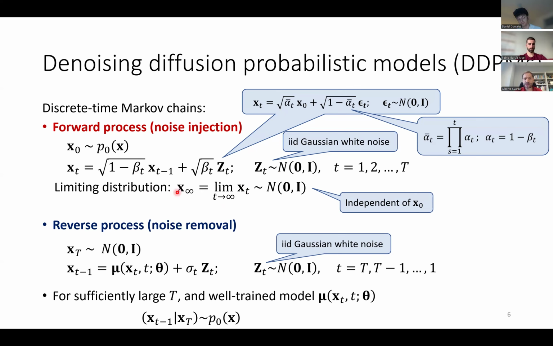And asymptotically, it will just blur the initial cat into some realization of this Gaussian white noise, okay? And this limiting distribution is independent of X0. Of course, I'm never going to get to t infinity, but the idea is I generate t steps, and I hope that if t is sufficiently large, the memory of the initial conditions will have decayed.